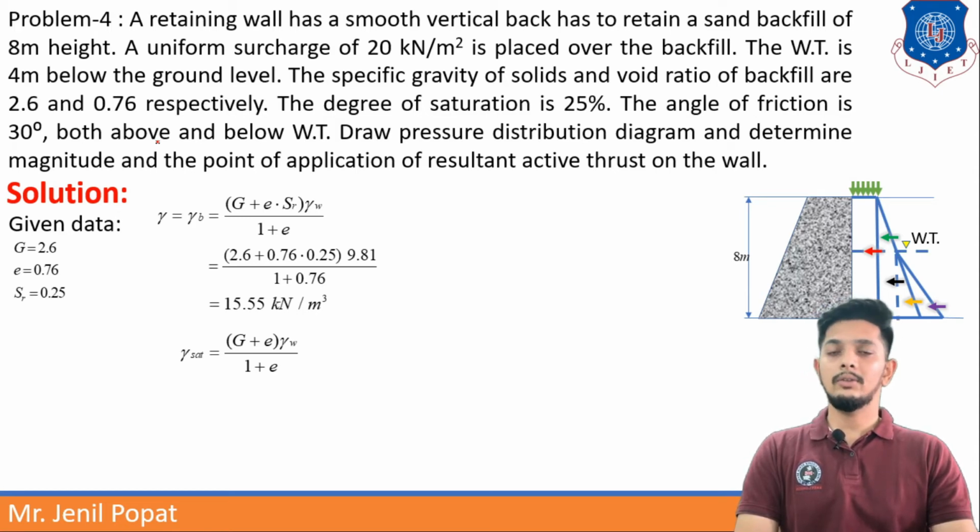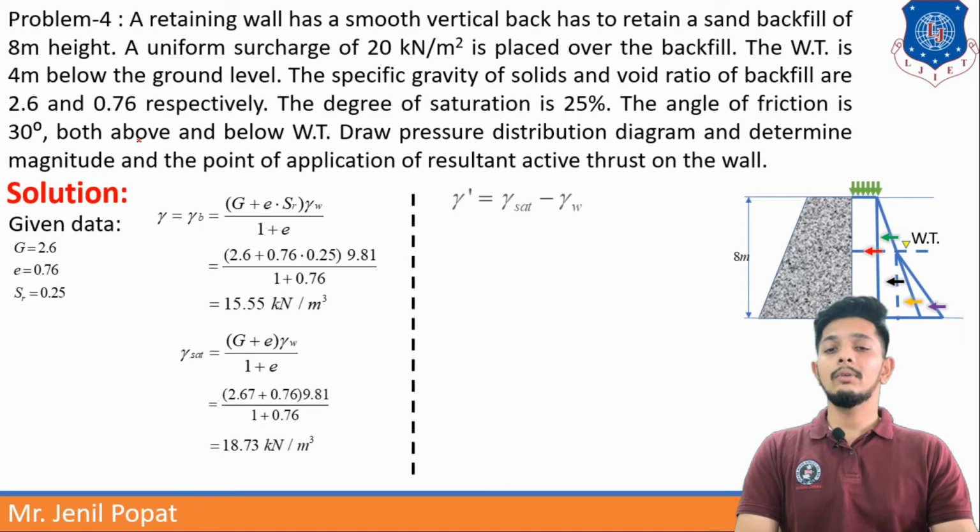For saturated unit weight, (G plus e) into gamma W upon 1 plus e. These formulas are used in chapter number 3, index properties, relationships and tests of this GT subject. Here G and e are given, gamma W is by default, so gamma saturated will be 18.73 kilonewton per meter cube. Now the third thing will be gamma dash, gamma submerged.